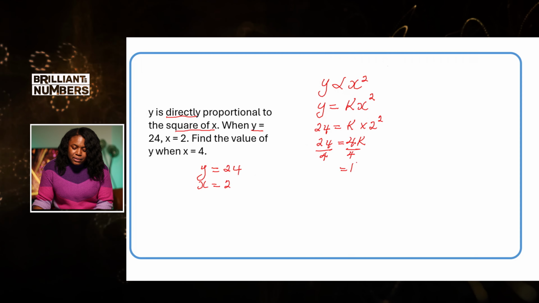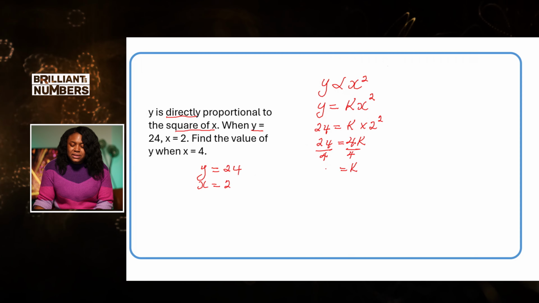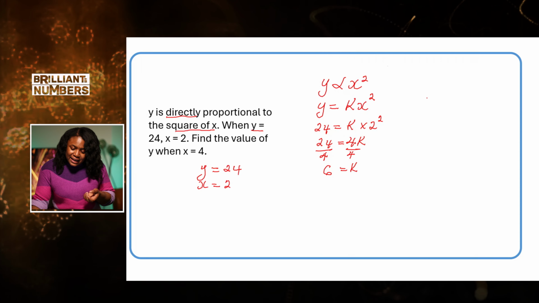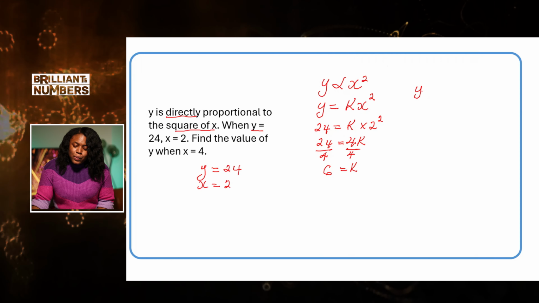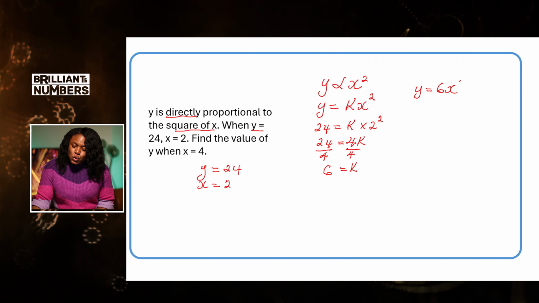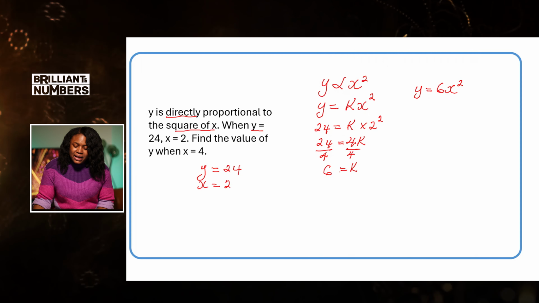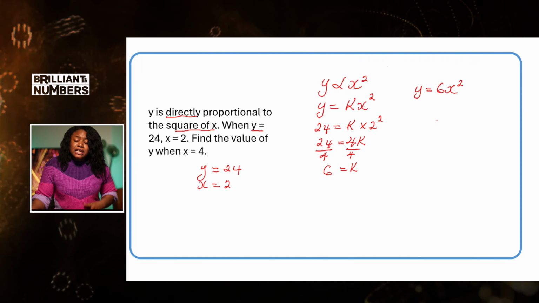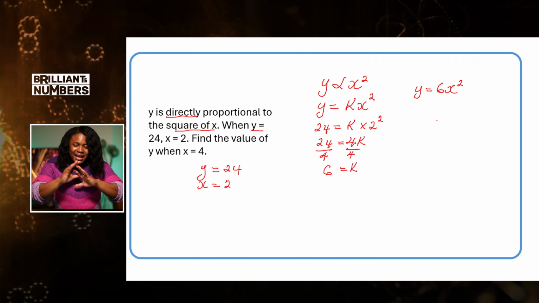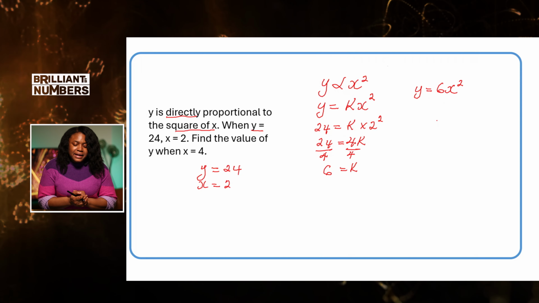So k then will be equal to 24 divided by 4 is 6. So therefore, the equation that links them is that y will always be equal to 6x squared because k is 6. Now that I've written my formula that links them, I can find any value they've asked me to find.